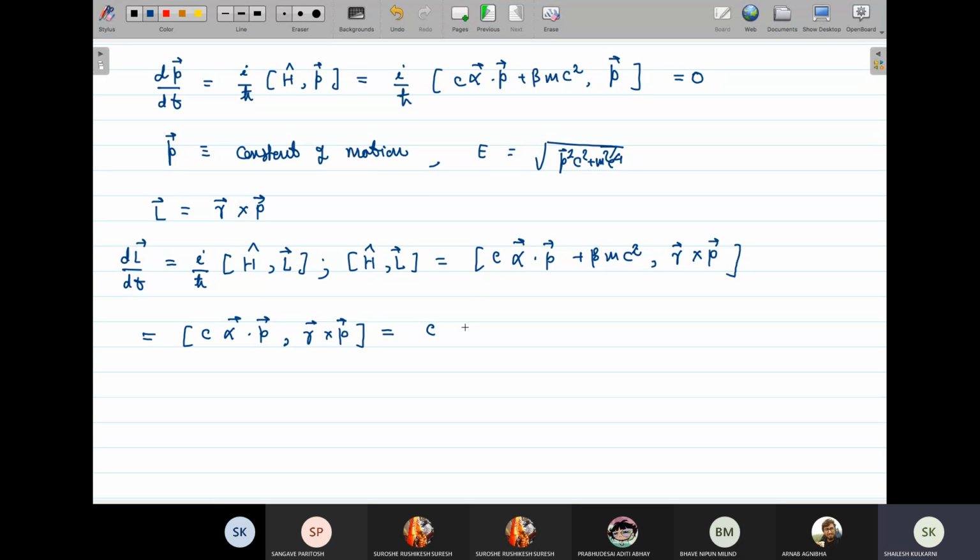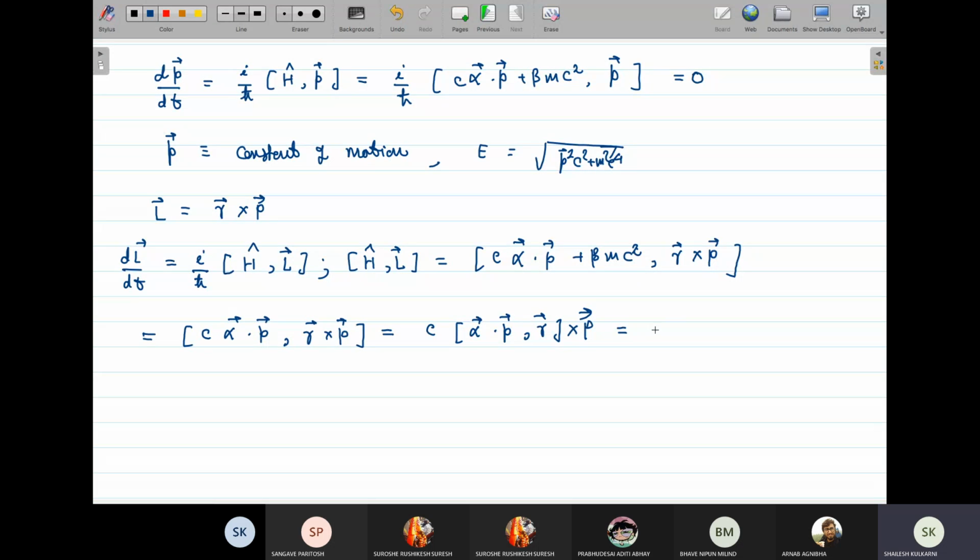So this will be c alpha dot P, commutation with R cross P, which is understood to be R cross P. So this will be the P R commutation relation, that is minus i h cross.